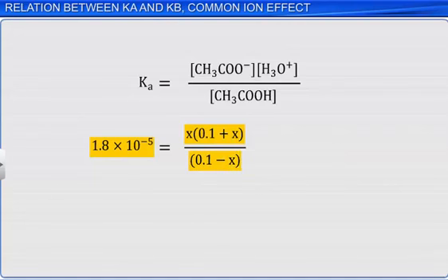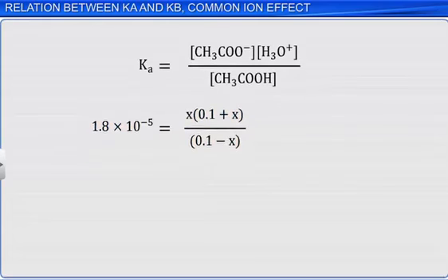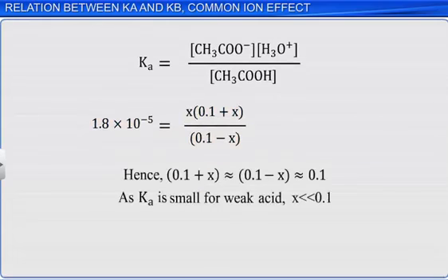As the acid dissociation constant Ka is small for a weak acid, the extent of ionization x can be assumed to be very, very small compared to 0.1 mole. Hence, you can assume that 0.1 + x is nearly equal to 0.1 − x, which is nearly equal to 0.1.